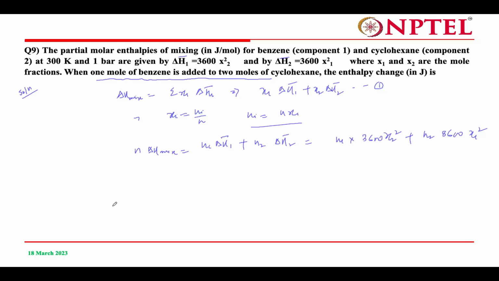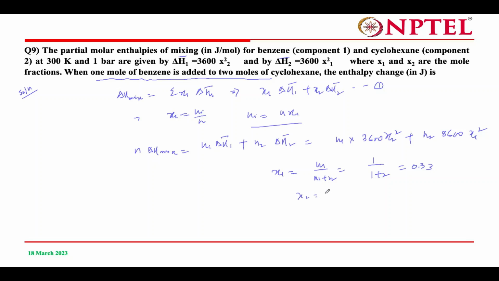Now first we have to calculate the mole fraction for species 1, for benzene. x1 equal to n1 divided by n1 plus n2. Here it is mentioned that 1 mole of benzene is added to 2 moles of cyclohexane. So 1 divided by 1 plus 2 equal to 0.33, right?